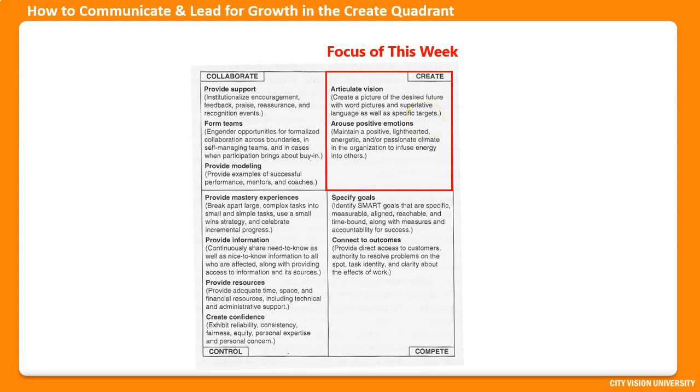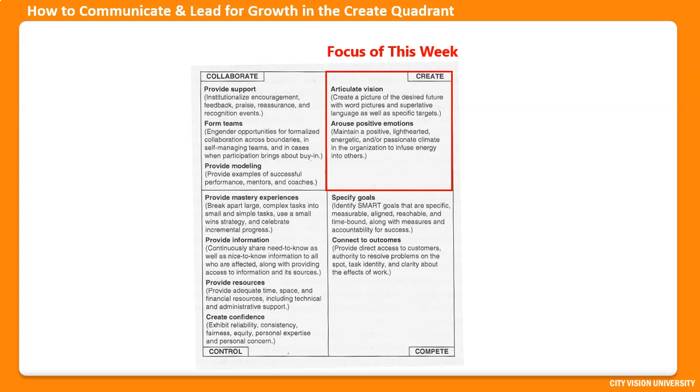Then there's the question of how you communicate and lead for growth. Steve Jobs from Apple was always the great example of this. You create a picture of a desired future with word pictures and superlatives. Whenever Steve Jobs talked about Apple products, he would always say how amazing it was and how it was going to change the world. And you try to arouse positive emotions.